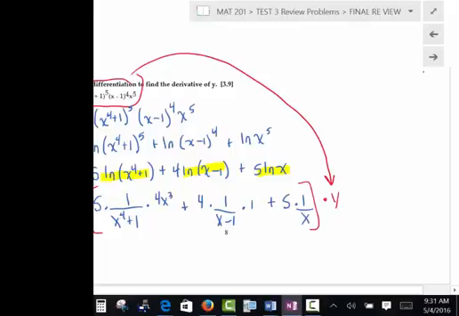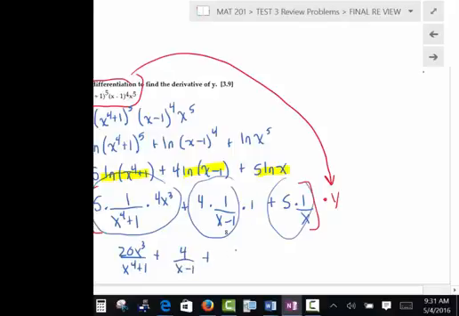You don't have to clean it up very much either. Okay, on this kind of a problem, you don't do a whole lot of simplification. So we're just going to write this, when I put this together, as 20x to the third over x to the fourth plus 1. Write this just as 4 over x minus 1. Write this as 5 over x.